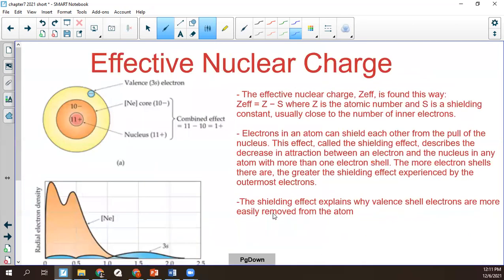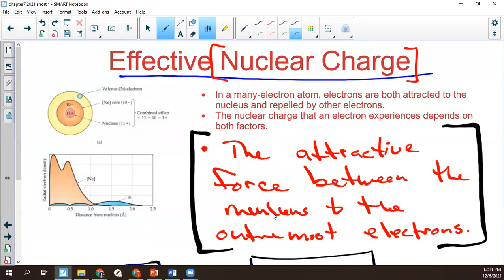So here we go. Every part of this chapter has something to do with the effective nuclear charge. Every part of it. So it's super important that you understand what the effective nuclear charge is. Now it's going to be a positive number, and spoiler alert, it's just the family number.